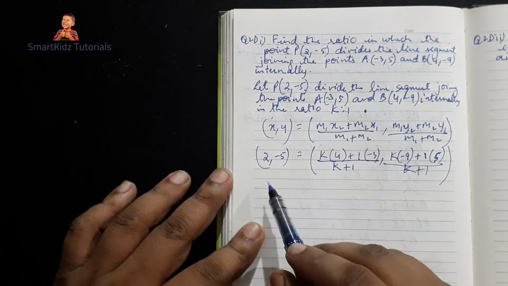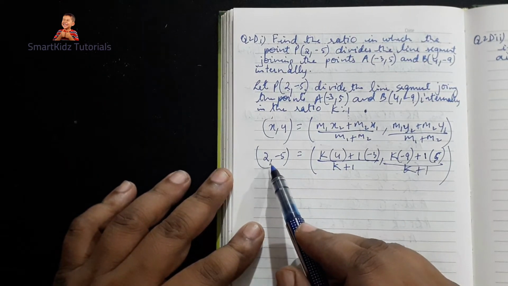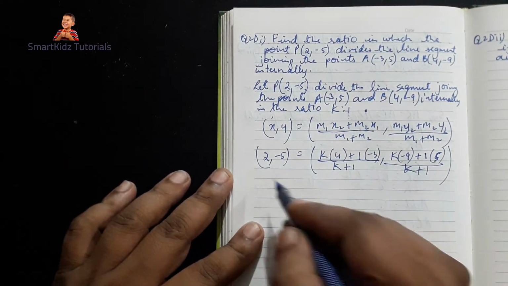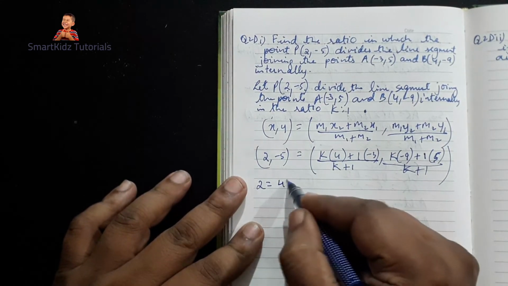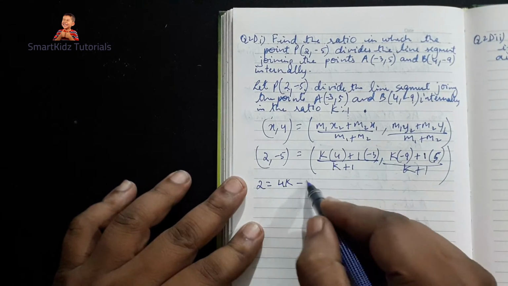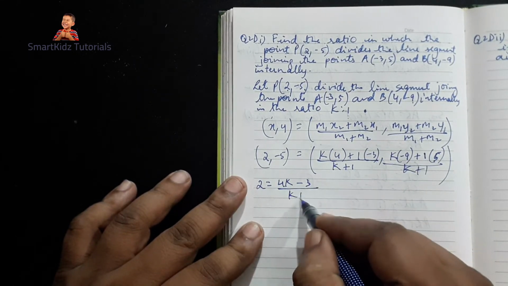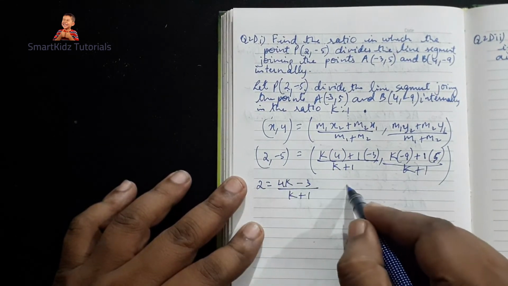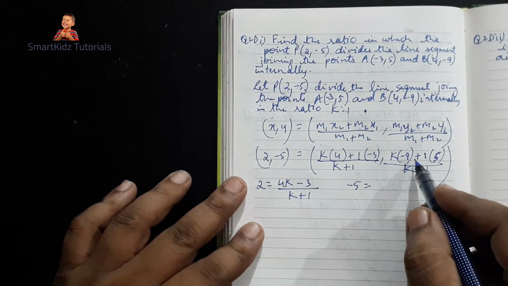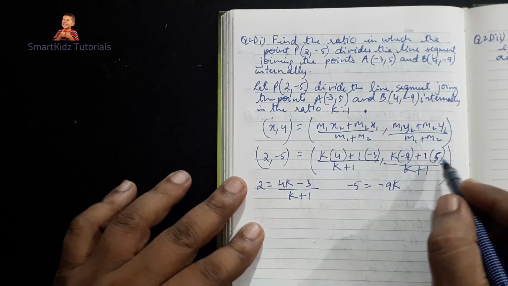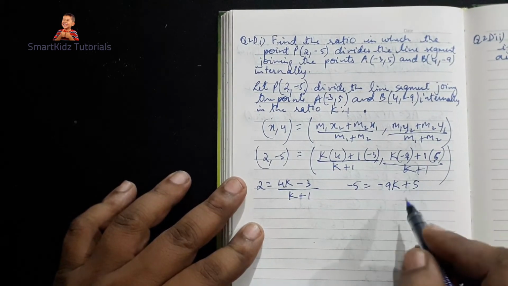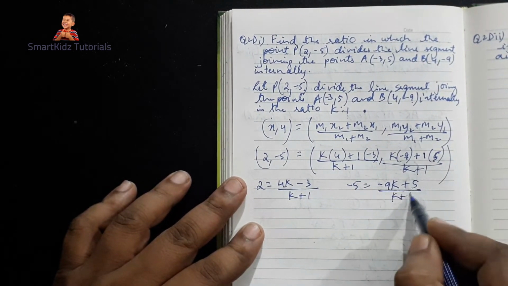Okay, so before we open the brackets, we'll take x and y axis separately. So we'll write it as 2 equal to k into 4 will be 4k, 1 into minus 3 whole thing upon k plus 1, and the y axis will be minus 5, which will correspond to minus 9 into k, minus 9k, plus 1 into 5 is positive 5, whole thing upon k plus 1.